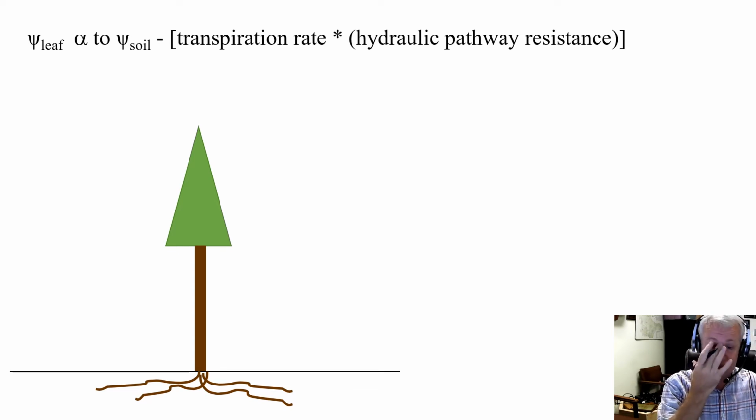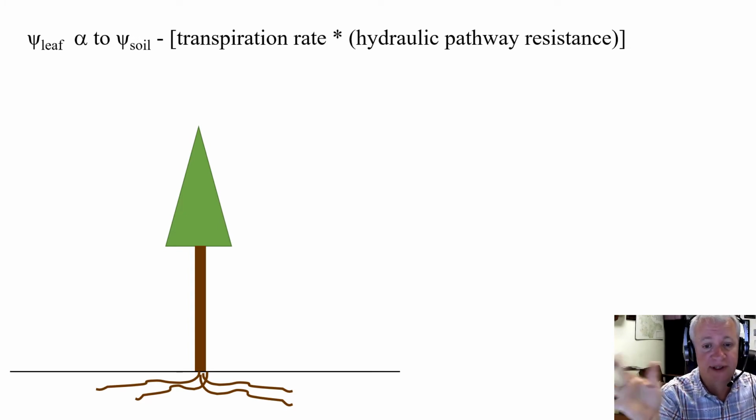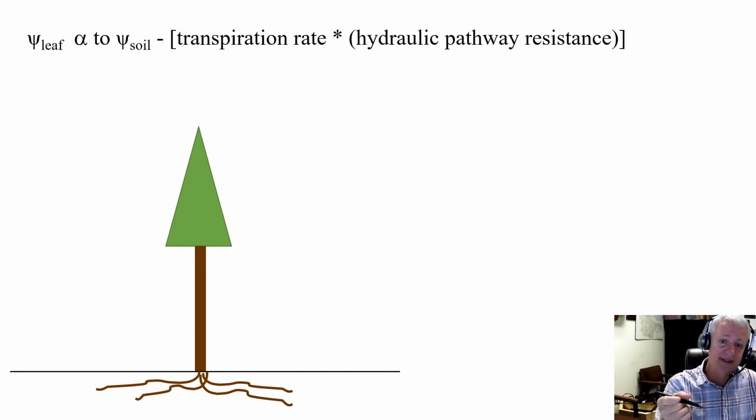Hydraulic pathway resistance is just the resistance to water flow through the xylem of the tree. And we'll talk about that in more detail later, but for now, just understand that that's the resistance to water flow through the tree. So there are several implications of this equation.